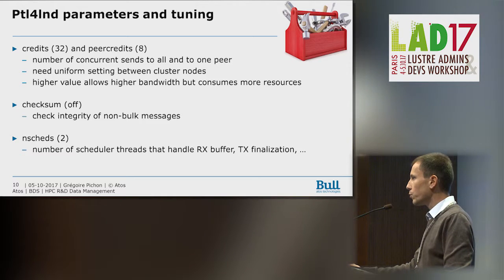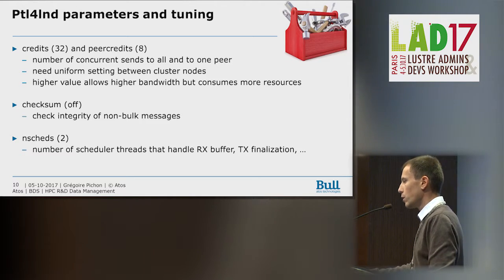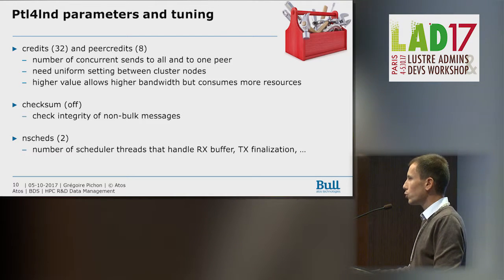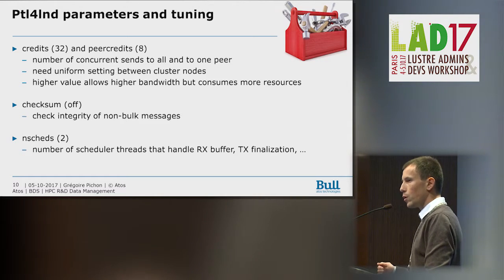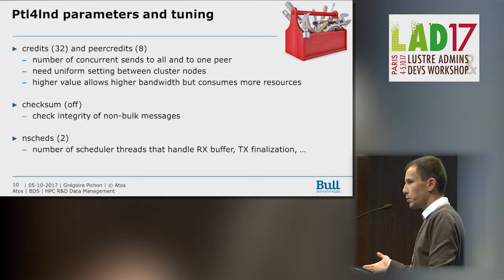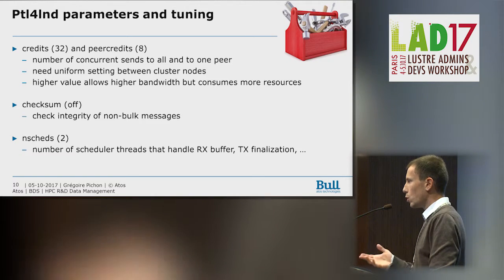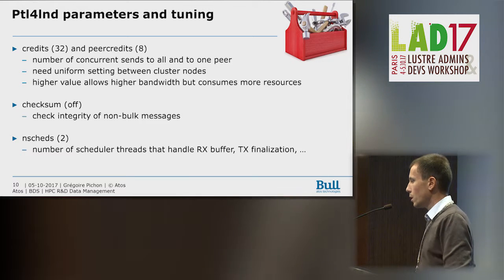So here are a few parameters and tuning that we can do with the new Portals4 LND. We can control the number of concurrent transmissions from a node to a dedicated peer, and from a node to all its peers.